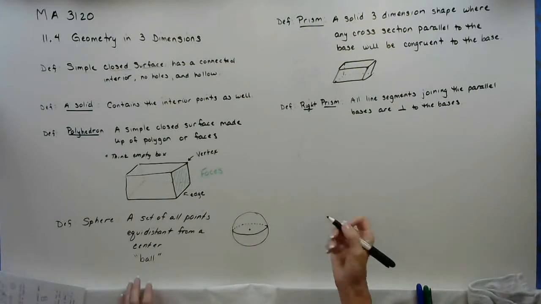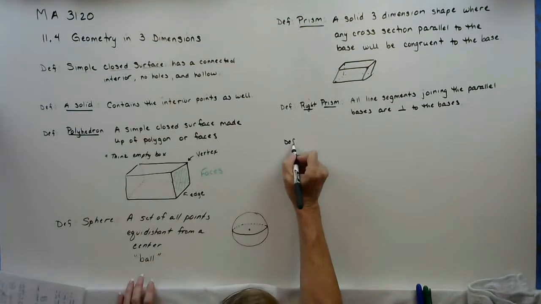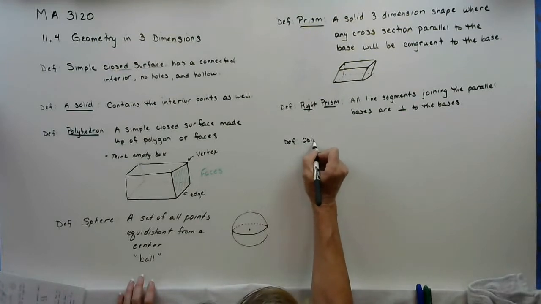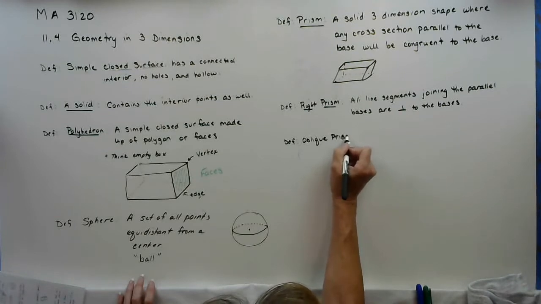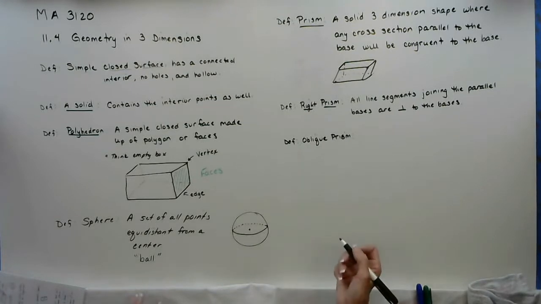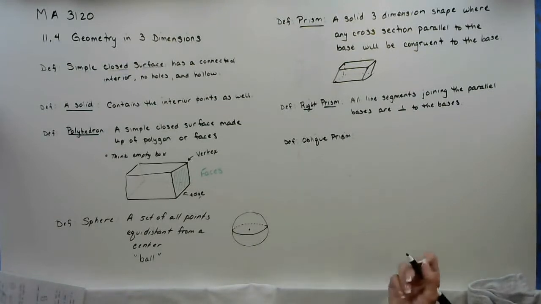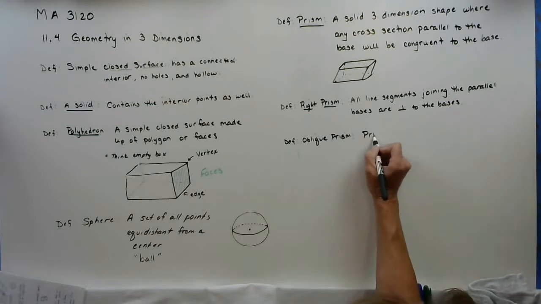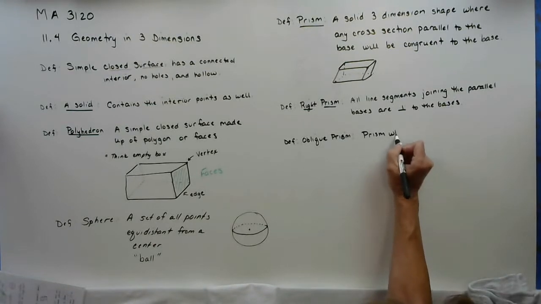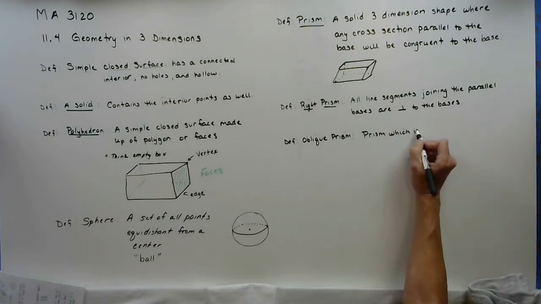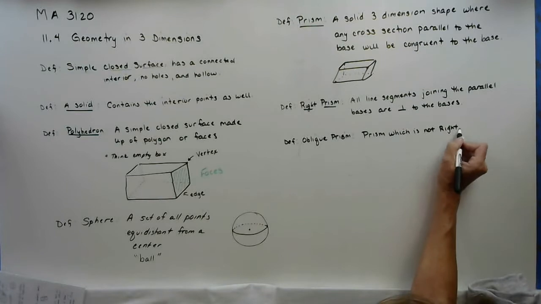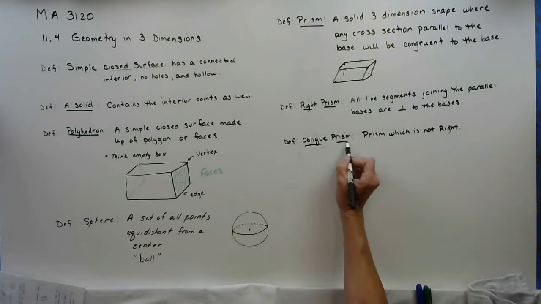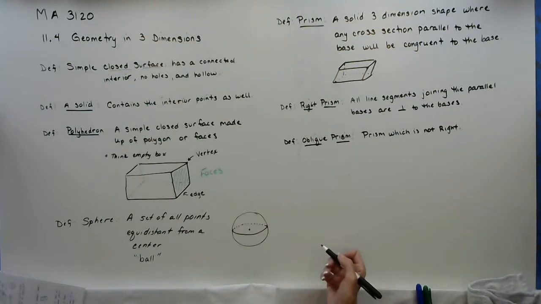Now, we also have something that's called an oblique prism. You're going to love the definition. An oblique prism is not right. It's a prism which is not right. Sounds kind of funny. Think Leaning Tower of Pisa.